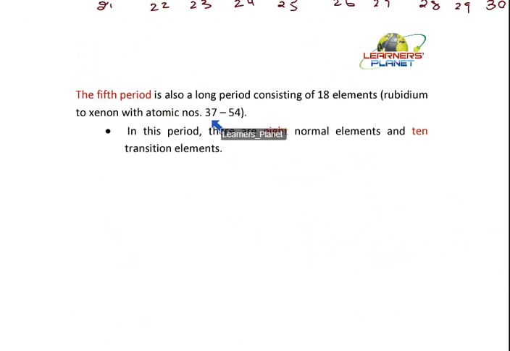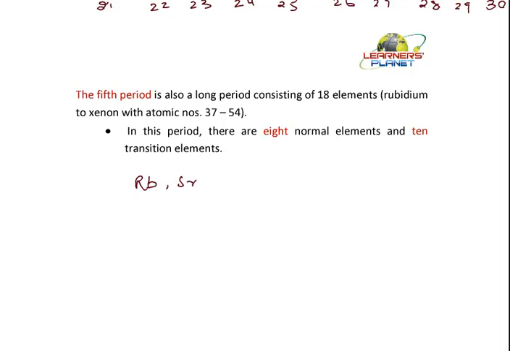What all are the things here? The fifth period is also a long period consisting of 18 elements, and it is rubidium to xenon with atomic numbers 37 to 54. So if I write it again, it is rubidium, strontium.